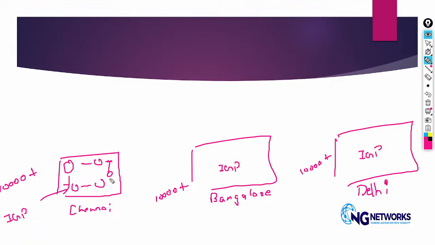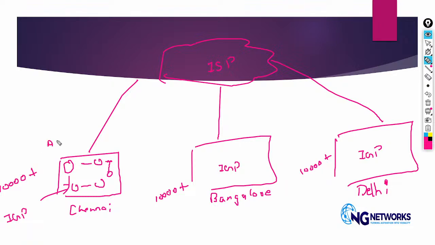But what about when Chennai, Bangalore and Delhi want to communicate with each other? They all will go to the ISP. ISP is nothing but an internet service provider. Just assume this one is given autonomous system number 100, this one 200, and this one 300.